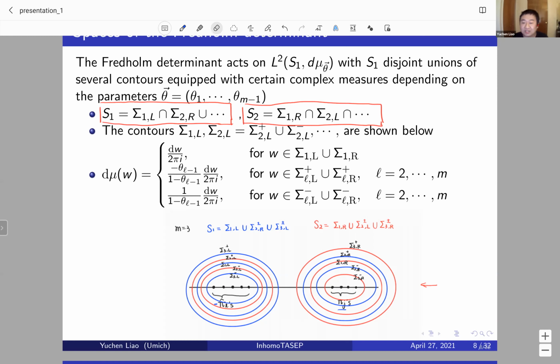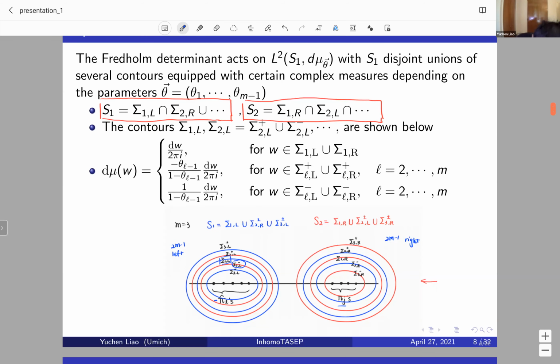And then for each set of left and right contours, there are 2m minus 1 of them, nested in the following way. One first picks a single contour that I call sigma 1 L that winds around the left poles, and then I go inwards and call the other ones sigma 2 L minus, sigma 3 L minus, and so on.